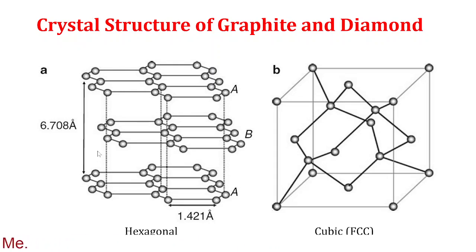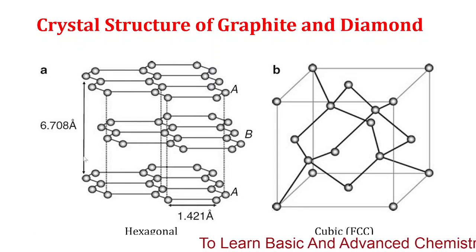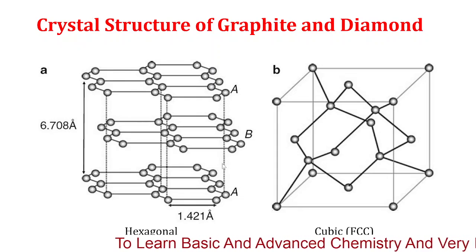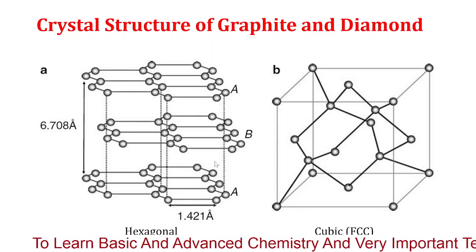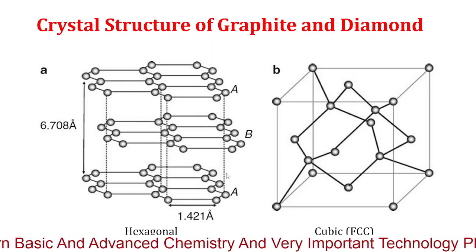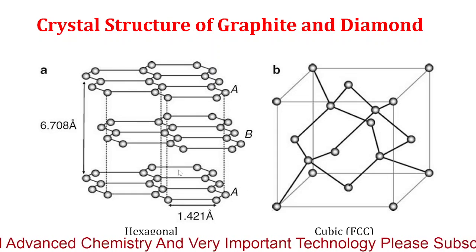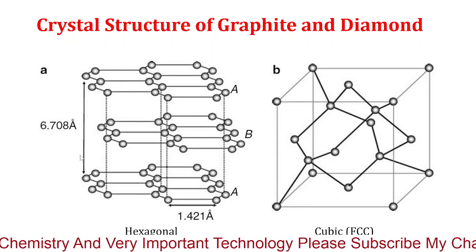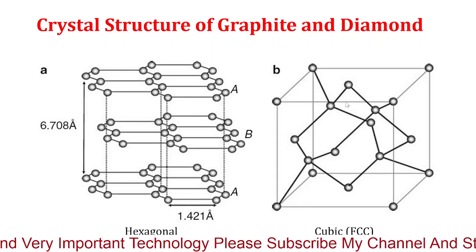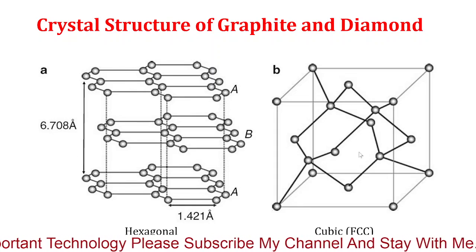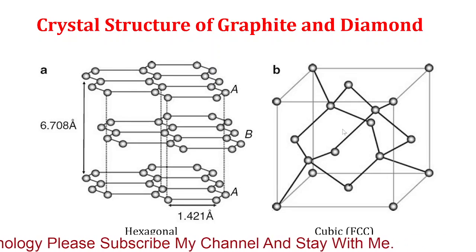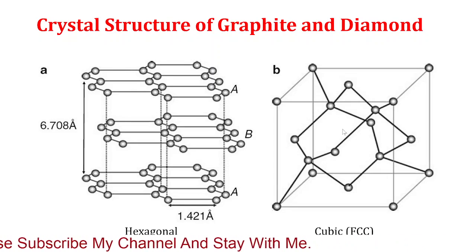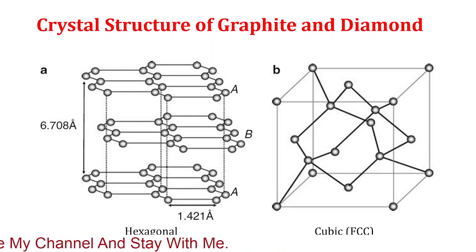That means you can break only this bond, not the bonds inside the layer. So when you break this bond, one layer or two layers can be separated, so that with graphite we can easily write on a paper, but the structure of diamond is very hard and rigid, so the attraction force is very high.